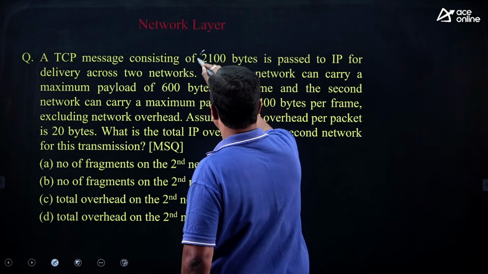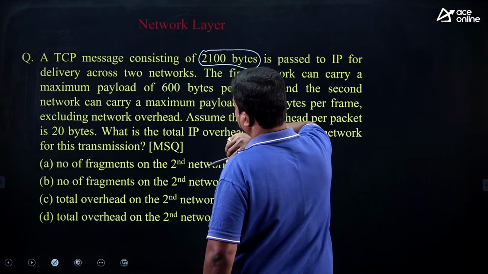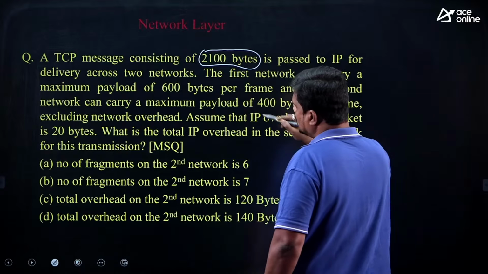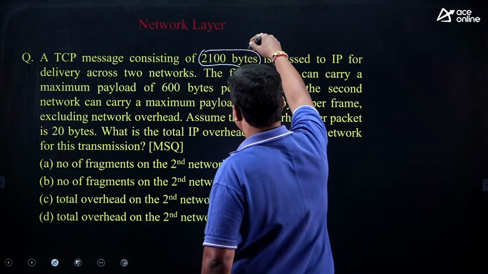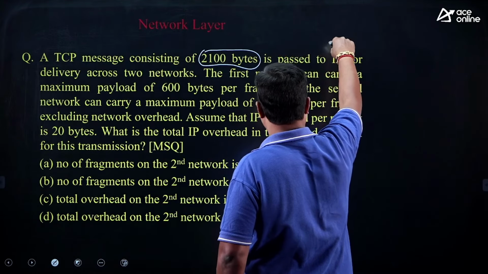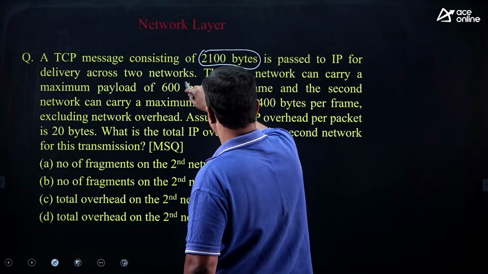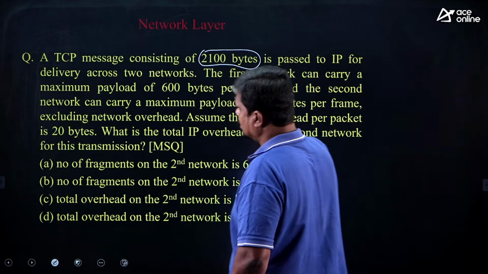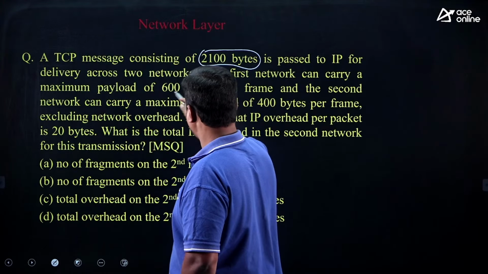So you need to forward this particular 2100 bytes. It is clearly mentioned: the TCP message consisting of 2100 bytes is passed to IP for delivery across two networks. The first network can carry a maximum payload of 600.